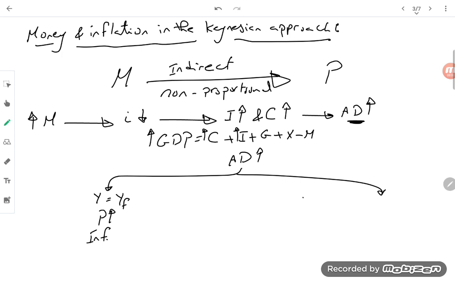But if the economy operates below full employment, which means actual production is less than full employment level, in this case we can increase production in order to meet the increase in demand with no change in price or a temporary change in price. So there is no danger of inflation.